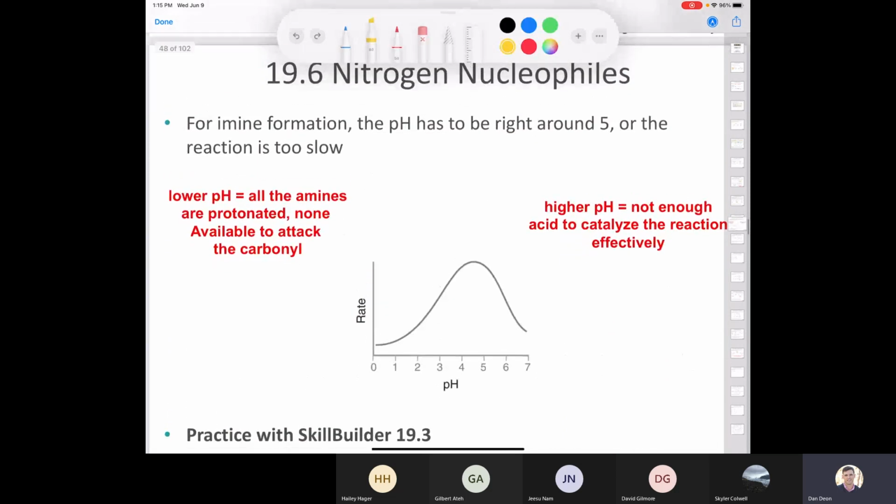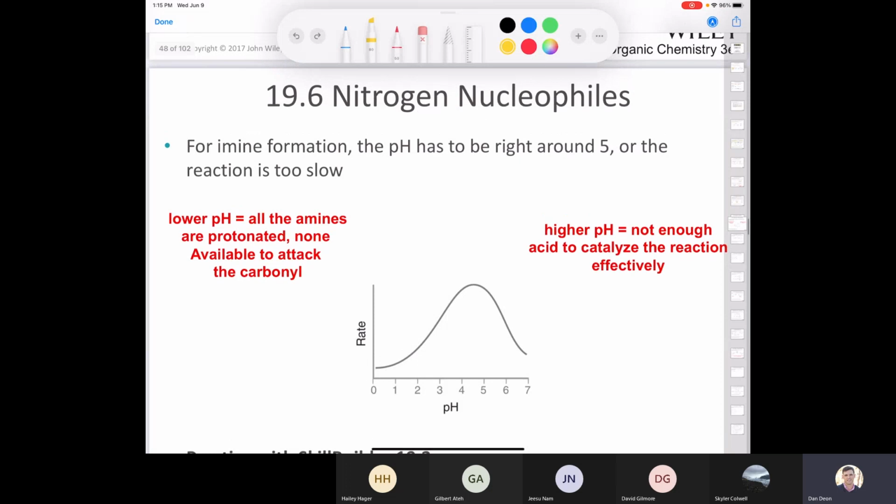And so in order for this reaction to work, the first reaction of the day, the pH has to be right around 5. I think the book says 4.5. It's neither here nor there, but you can see that we have the maximum reaction rate right around pH 4.5.